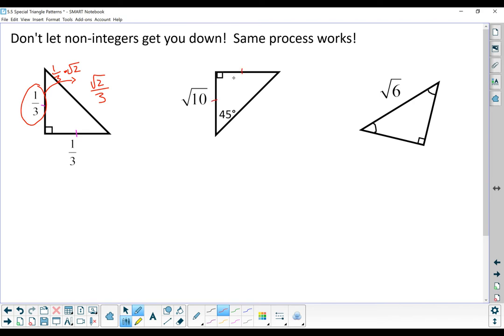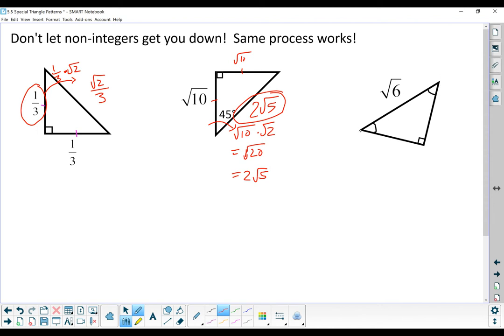In this case, the leg has a length of root 10. So to get the hypotenuse, it's the square root of 10 times the square root of 2, and that is the square root of 20. Your calculator will simplify that to be 2 root 5. So the hypotenuse of this one is 2 root 5.